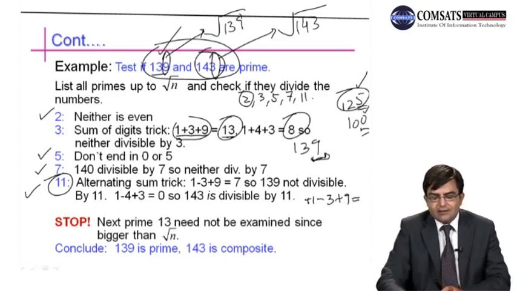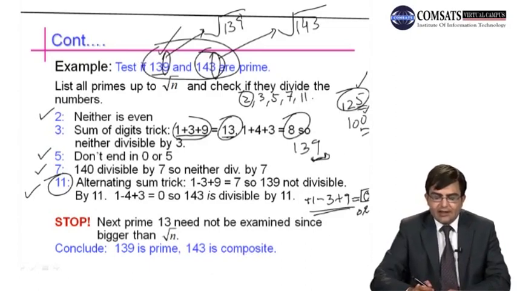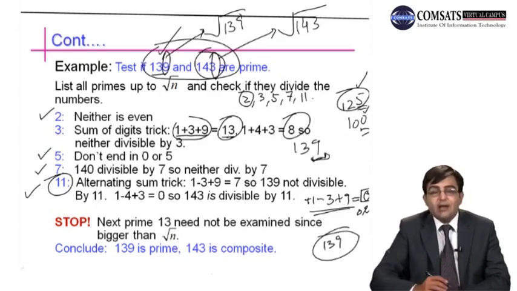Plus 1 minus 3 plus 9, what is this? This is 7. If the resulting number is 0 or a number which is divisible by 11, then we say that the given number 139 is divisible by 11.